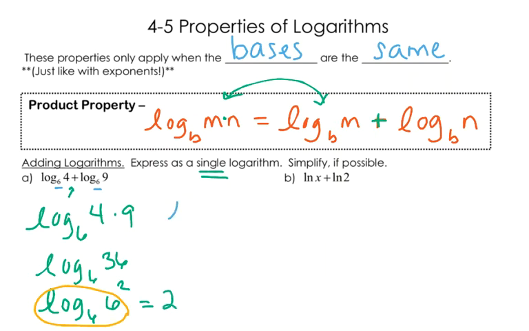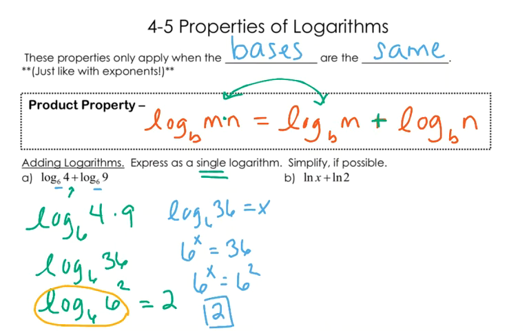Or you could rewrite this log base 6 of 36, set it equal to x and then change it to exponential form. 6 to the x power is equal to 36, and balance out the bases. 6 to the x equals 6 squared. Same thing, you'll get 2.